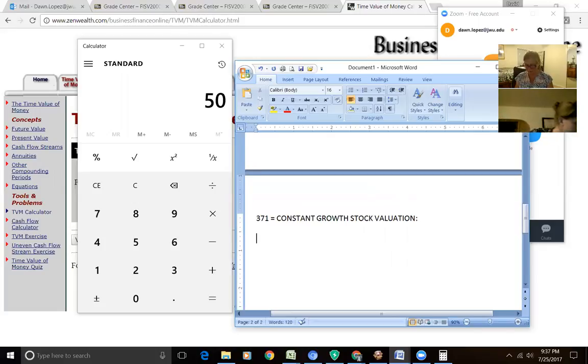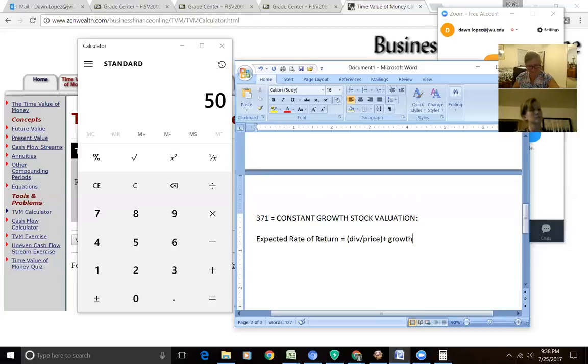You would use that formula when you're trying to solve not for the price or value of the stock, but for the expected rate of return.